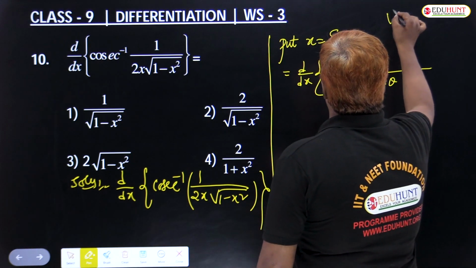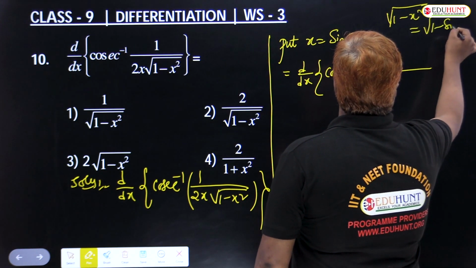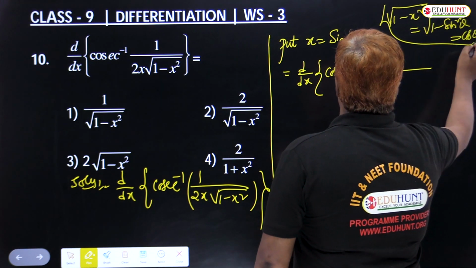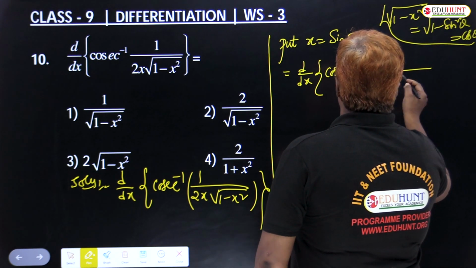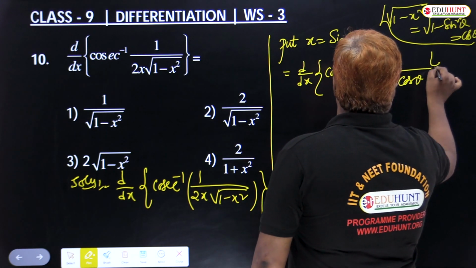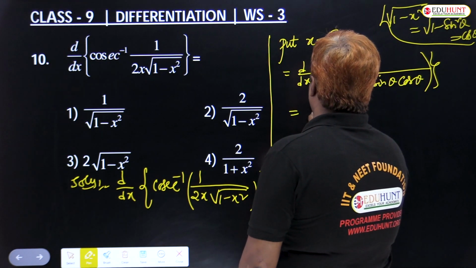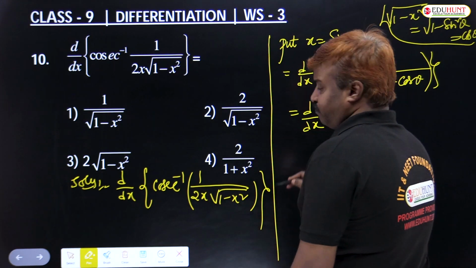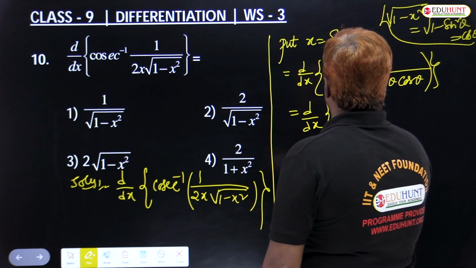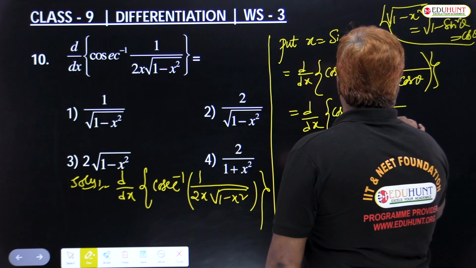You already know root over 1 minus x square means root over 1 minus sin square, that means cos theta. You can write this as 1 by 2 sin theta cos theta, which is nothing but sin 2 theta. d by dx of cosecant inverse of 1 by sin 2 theta.